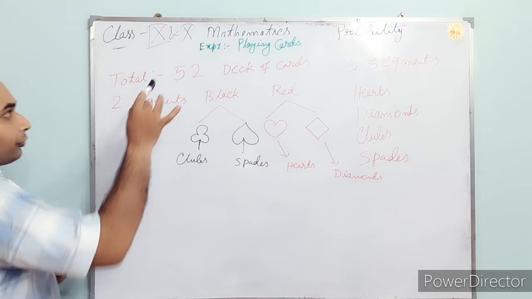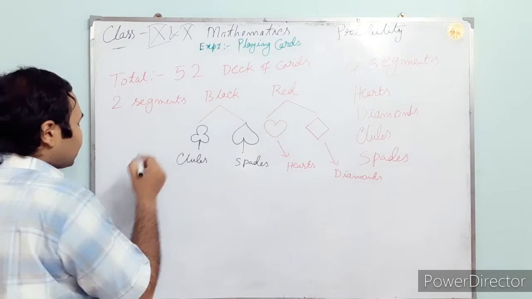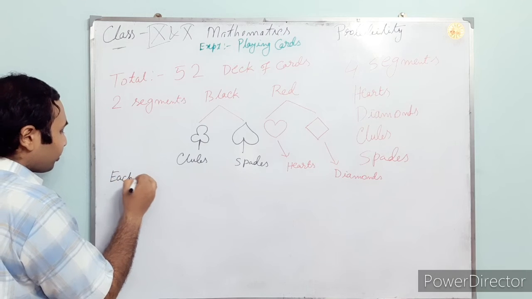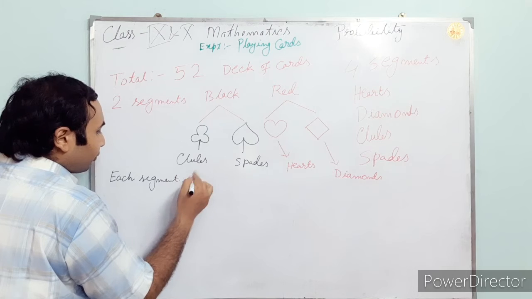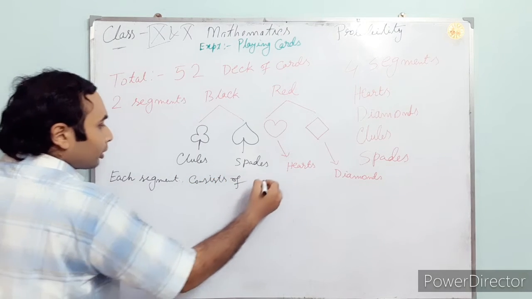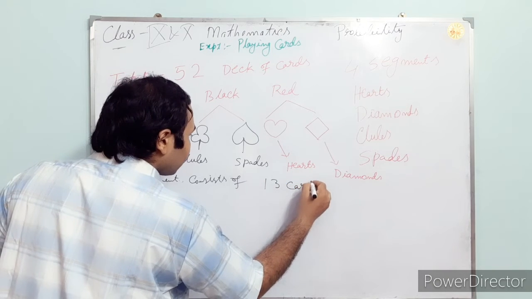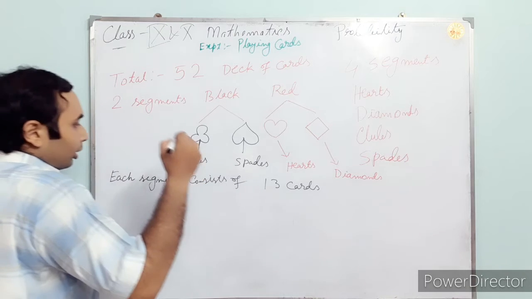Now, 52 cards are divided into 4 parts, so each segment consists of 13 cards. 52 divided by 4 is 13.